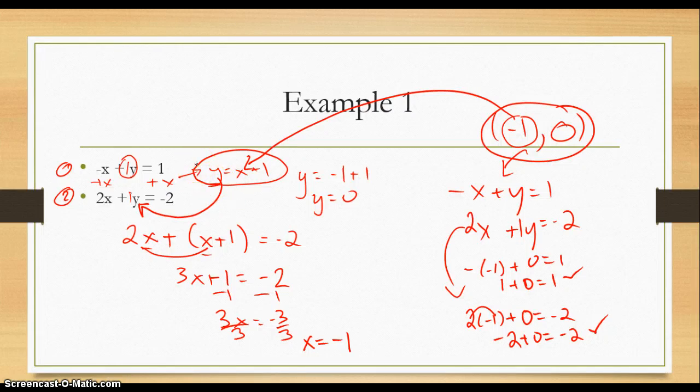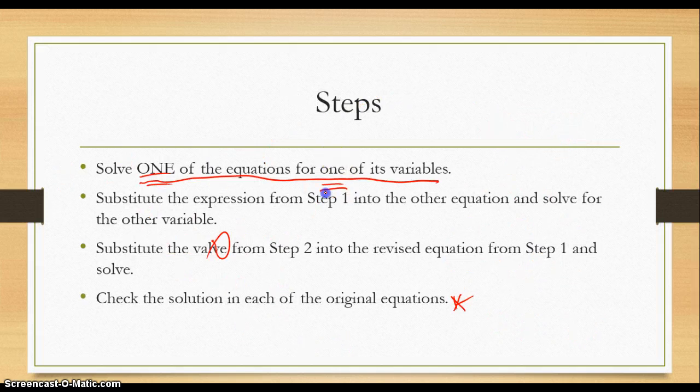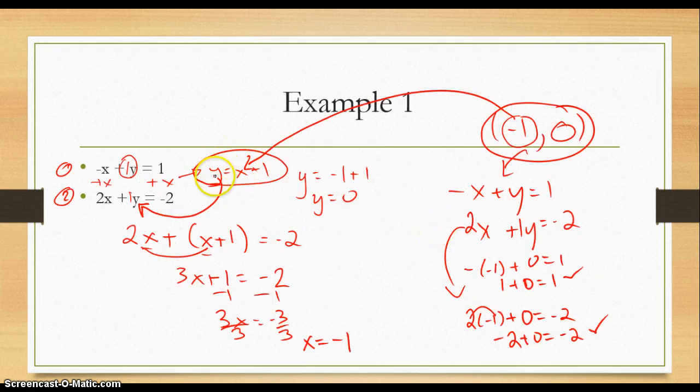Okay, really look at which one would be easiest to solve. So we solve for one of its variables. Substitute the expression from step 1 into the other equation and solve for the other variable. So we solved for y. We got y equals x plus 1. So we plug that in for y in the second equation and solve for the other variable, which is x.